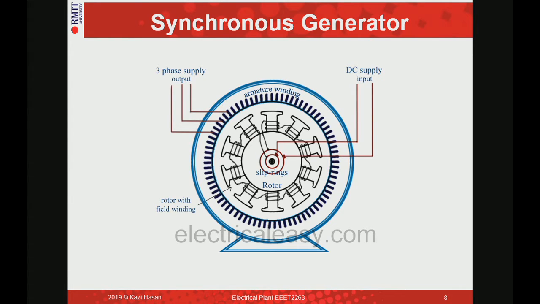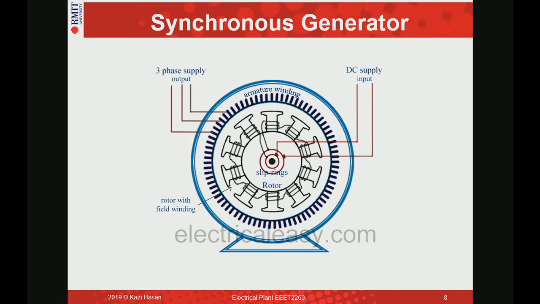If we look at the construction of a synchronous machine or synchronous generator, on the outside there is a stator and inside there is a rotor. In the rotor, a DC supply is coming in, and because there is current flow, it creates a magnetic field.